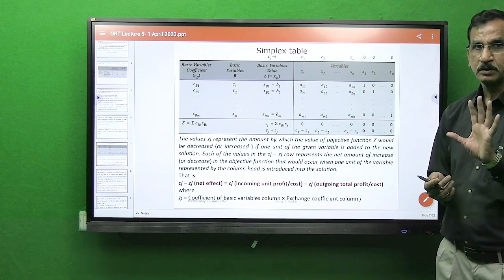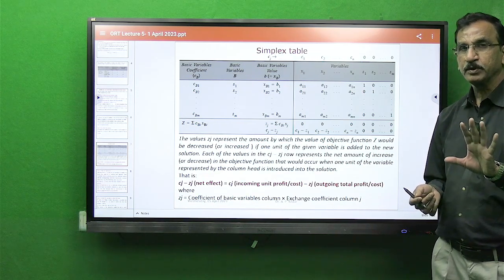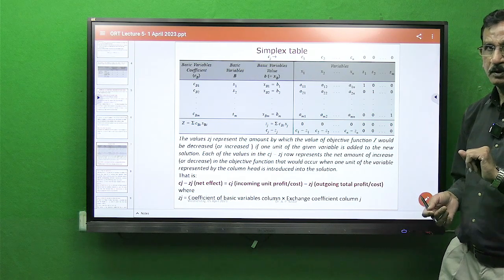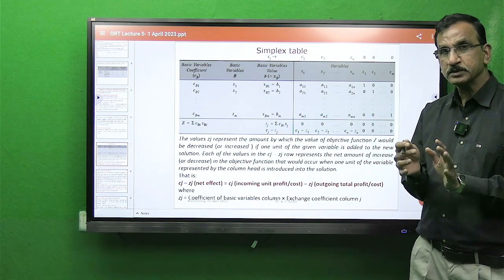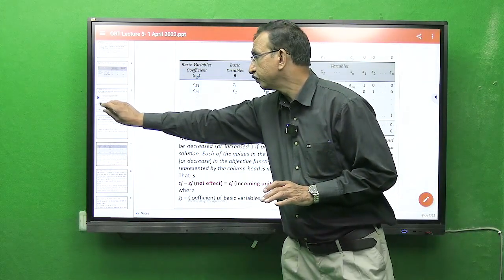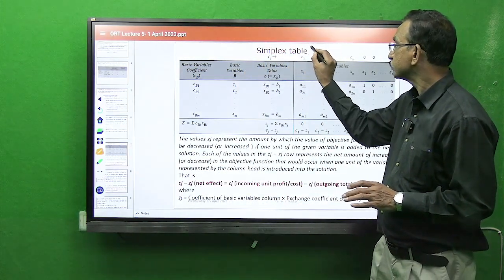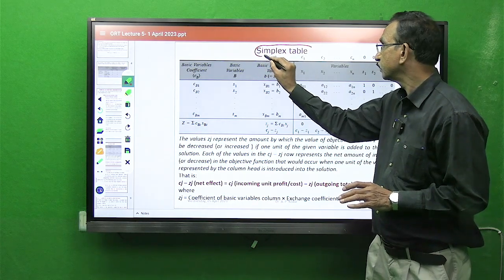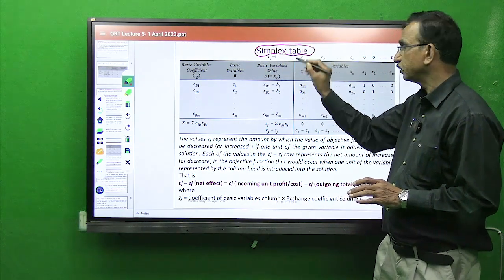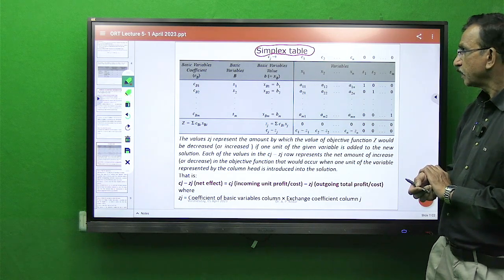We have seen mathematical models as a formulated version from the given data. All those data is then represented in the form of a simplex table. This table is called a simplex table.